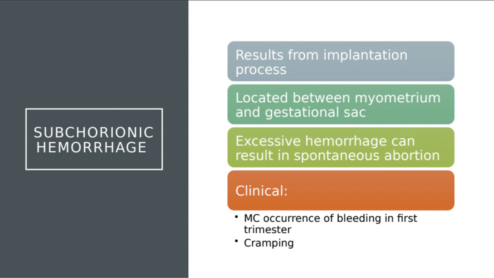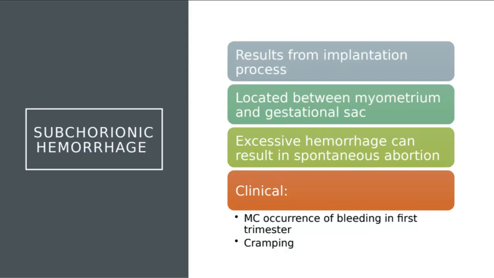Because if you think about it, you are burrowing into a very vascular type of structure, and you're going to kind of be shedding some of those cells. So that blood needs to accumulate somewhere. So this is a very common sign of implantation, a very common first trimester ultrasound finding.